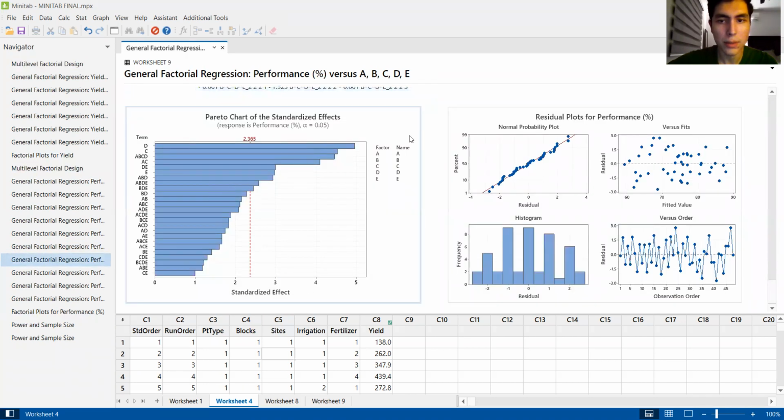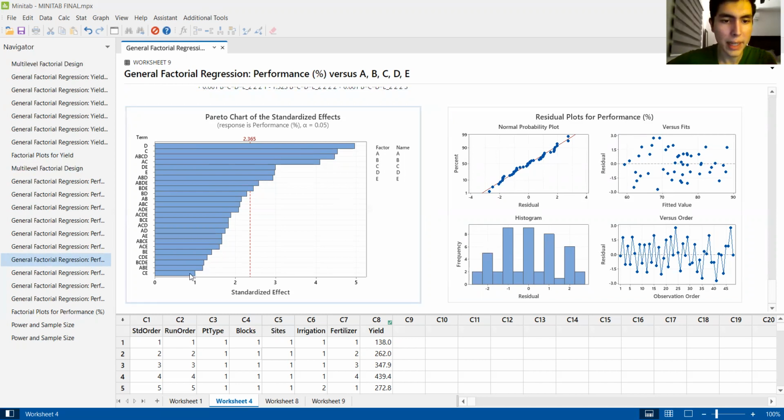From the normal probability plot, we can now see that it has a linear shape, and in the versus fit, we can see that it is now randomized. It doesn't follow any patterns, so we can say that it is correct.